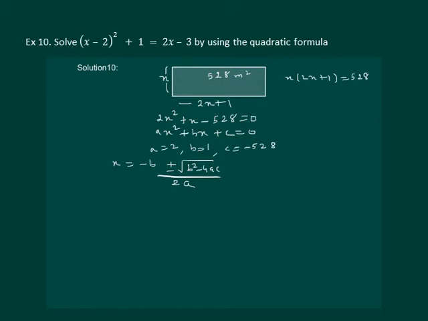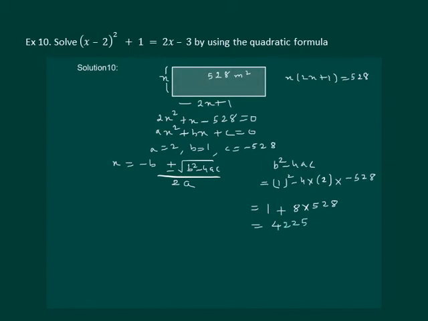So let us calculate b square minus 4ac, which is equal to 1 square minus 4 into 2 into minus 528. This is equal to 1 plus 8 into 528, which is equal to 4225.